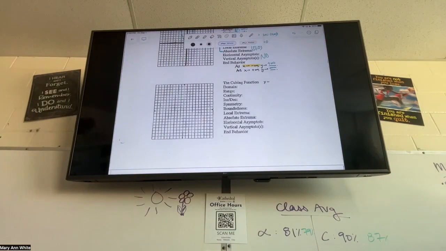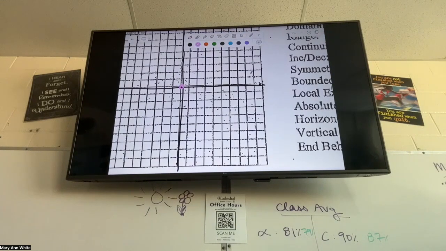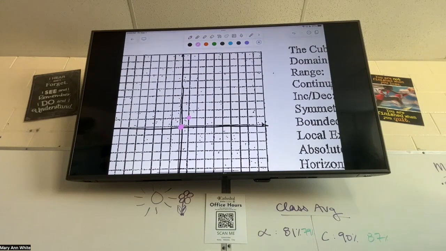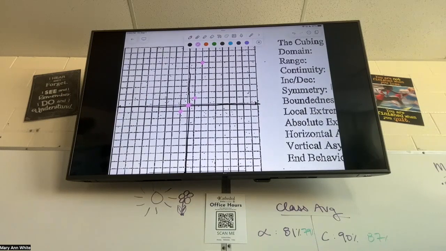If we want to be as exact as we were with our quadratic, we can graph this one through 0, 0, and then I can think about, what's 1 to the third power? Well, that's still 1. And then what's 2 to the third power? 8. So it's a pretty narrow graph. And then same thing for negative. When I cube -1, it gives me -1, and when I cube -2, it gives me -8.